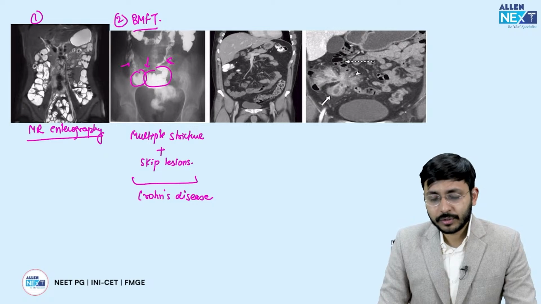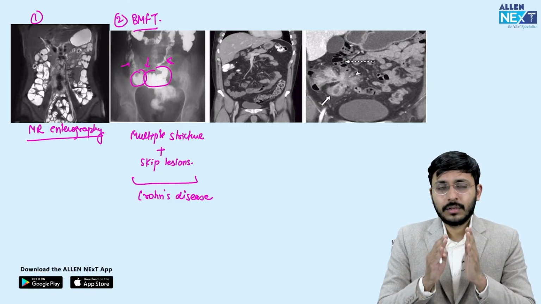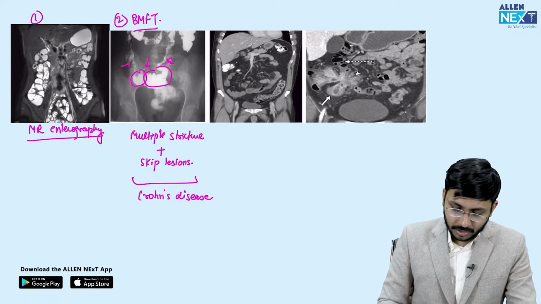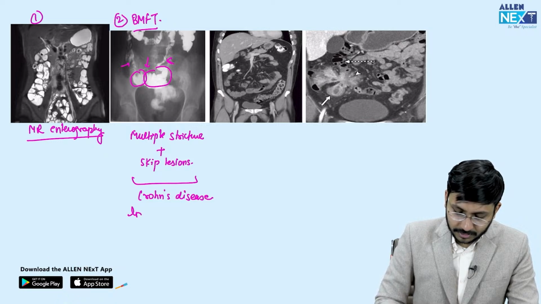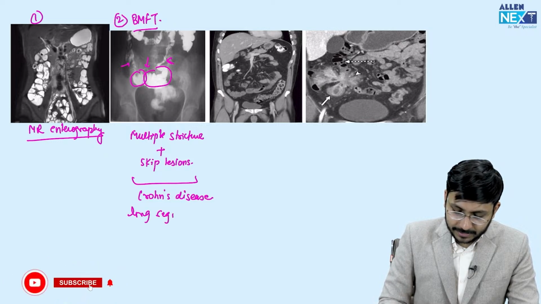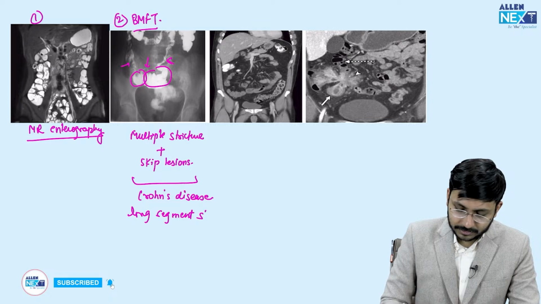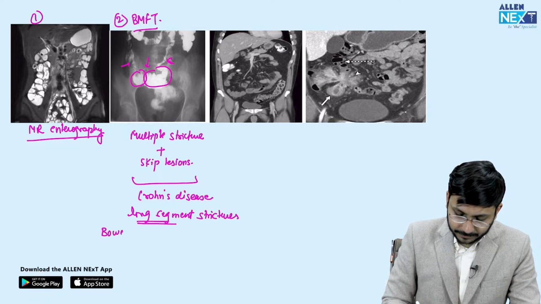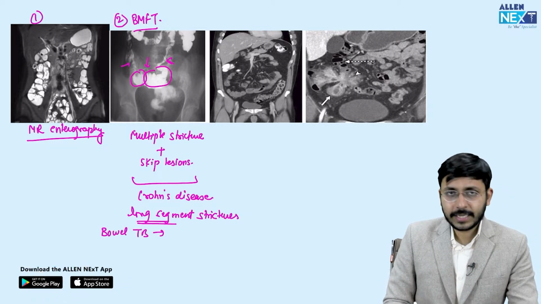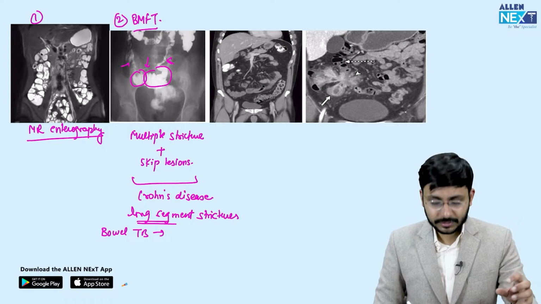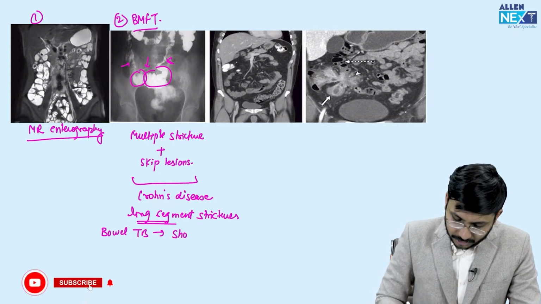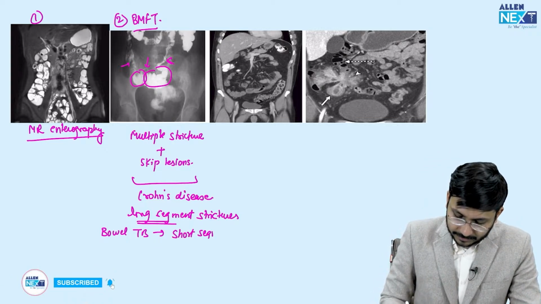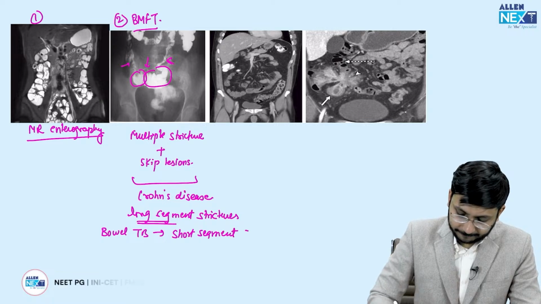Now in Crohn's disease, the type of strictures that we get are known as long segment strictures. Whereas in bowel TB, we again get multiple strictures, but they are short segment strictures.